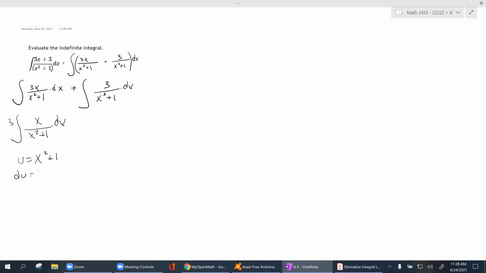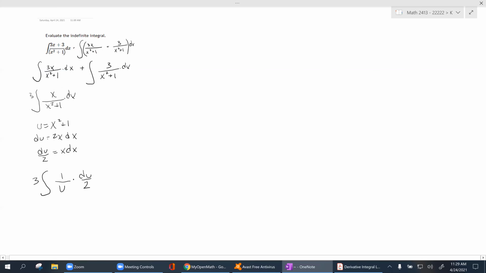Therefore, du is equal to 2x times dx. Divide both sides by 2. So du over 2 is equal to x dx, which I do have. So in other words, this now becomes 3 integral of 1 over u times du over 2.